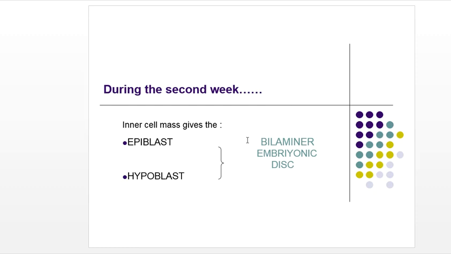differentiation of the inner cell mass or embryoblast in two layers, epiblast layer and hypoblast layer, and we say that these two layers together make a bilaminar embryonic disc.